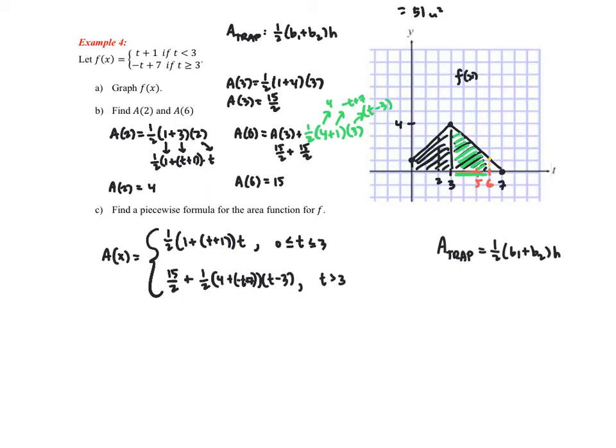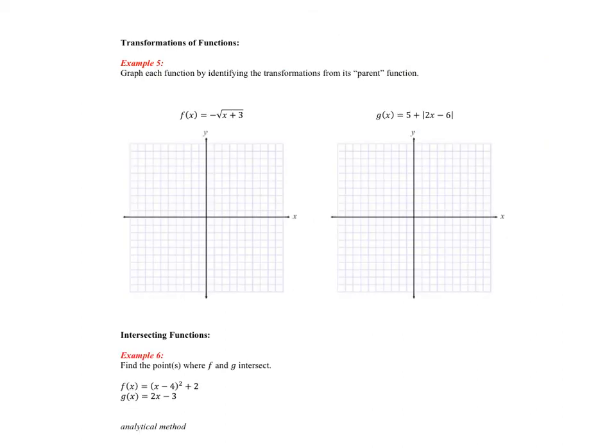All right, we got one more slide here. Let's get to it. Okay, guys, some transformations on functions. Two parent functions that we're working with here. I'm going to call them both h of x: the square root of x, and the parent function over here, the absolute value of x. With both of these functions, there are very special points that help distinguish and set the pattern of how the function develops from there.